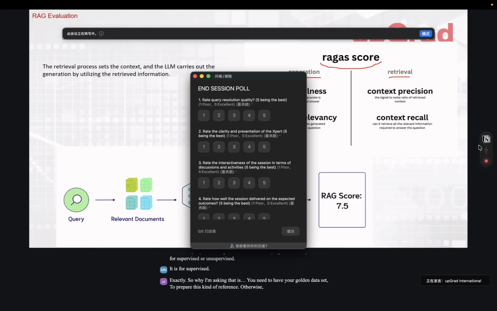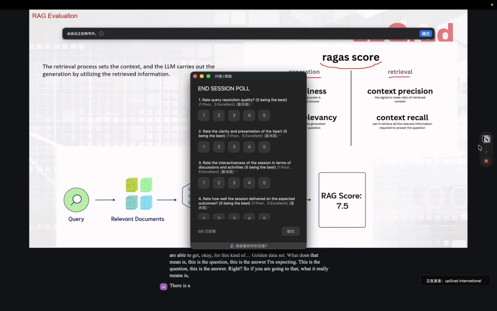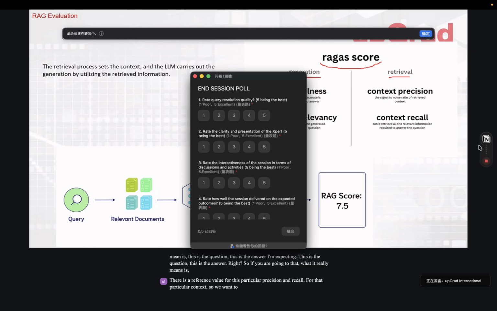Otherwise, it is generating something, I may be able to validate, go to the SME there and then validate. That is only one part of the thing. So if you are able to get, okay, for this kind of golden data set, what does that mean is this is the question, this is the answer I'm expecting. This is the question, this is the answer, right? So if you are going to that, what it really means is there is a reference value for this particular precision and recall for that particular context. So we want to compare against the reference and be able to prepare this.